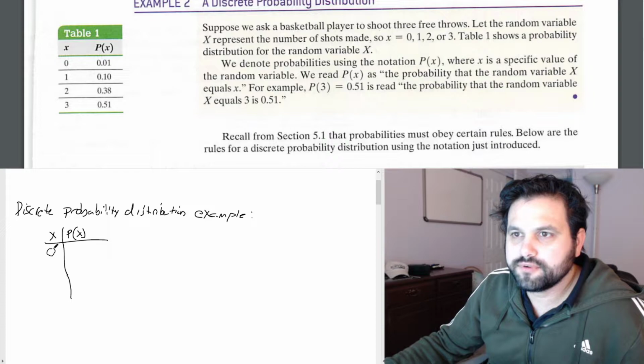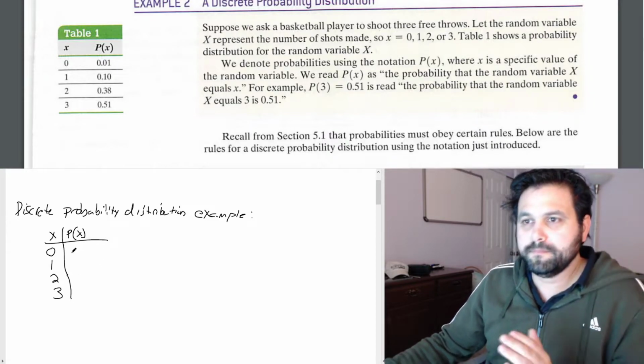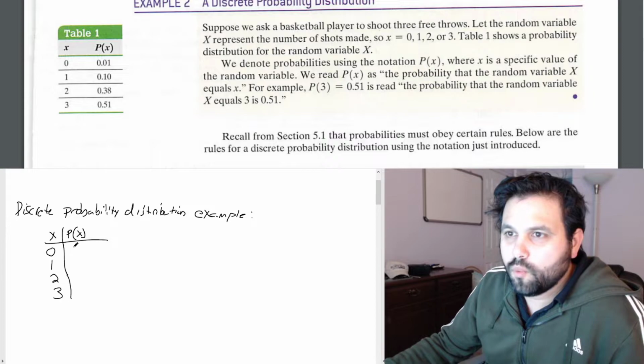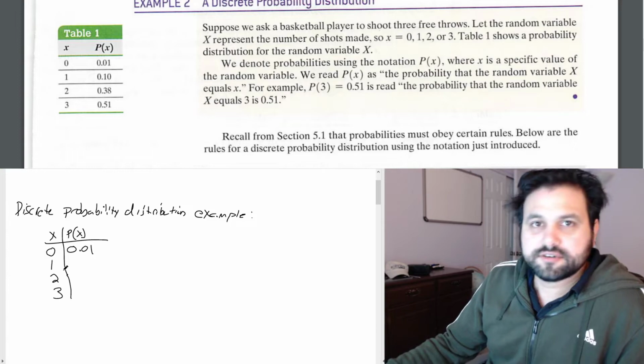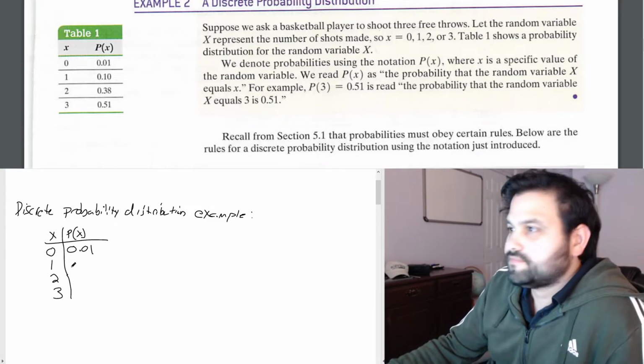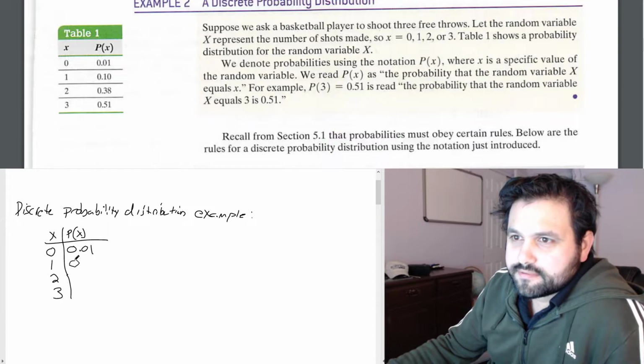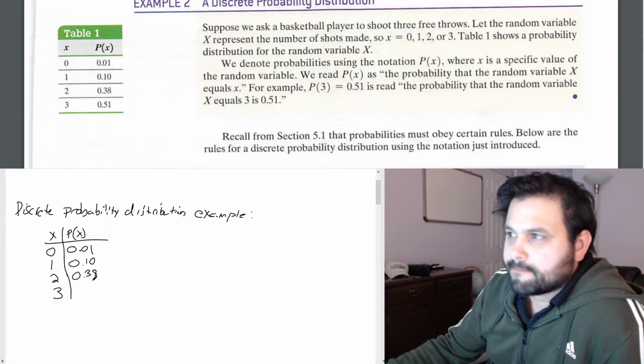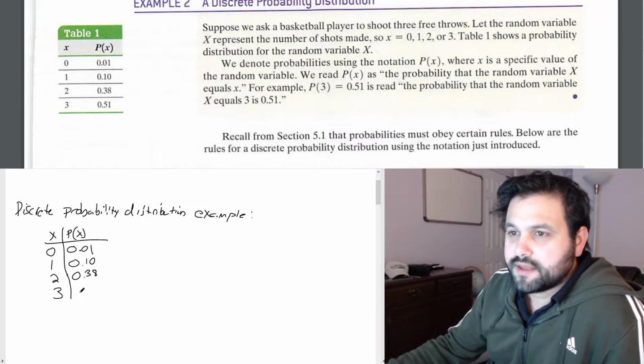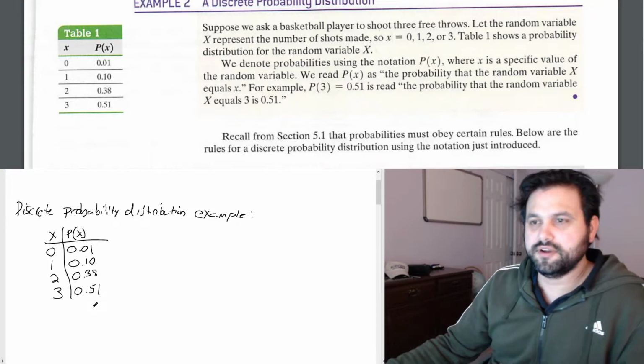Well, we could miss all 3, or we could make 1, or we could make 2, or we could make all 3. And the probability of missing all your shots is 1%, 0.01, right? Because they're called free throws. They're free. Now, 10% that you make only one of the three, 38% that you make two of the three, and we have a 51% chance that we make all three free throws.